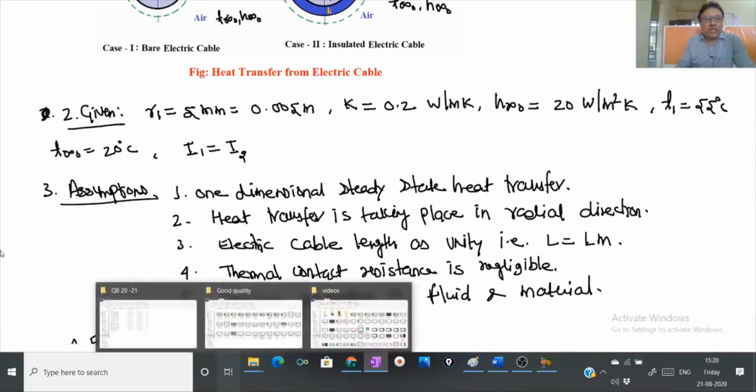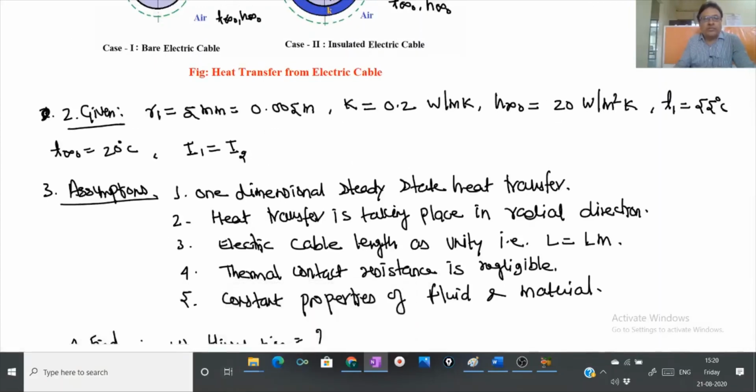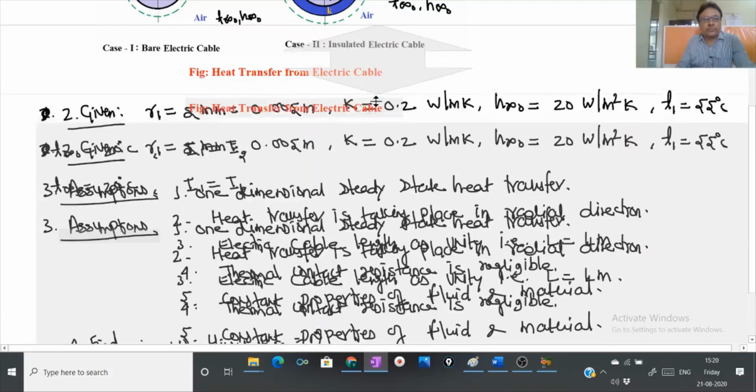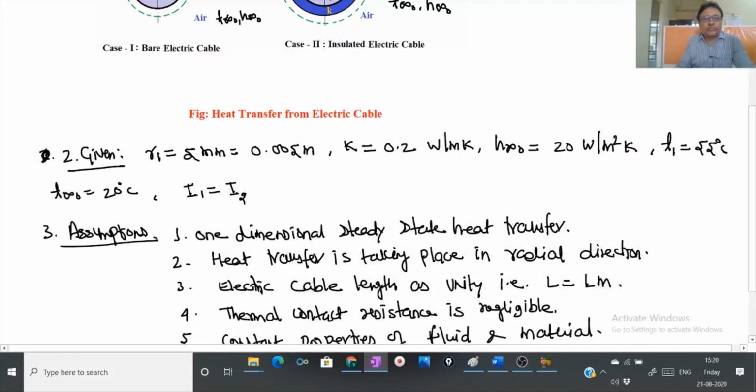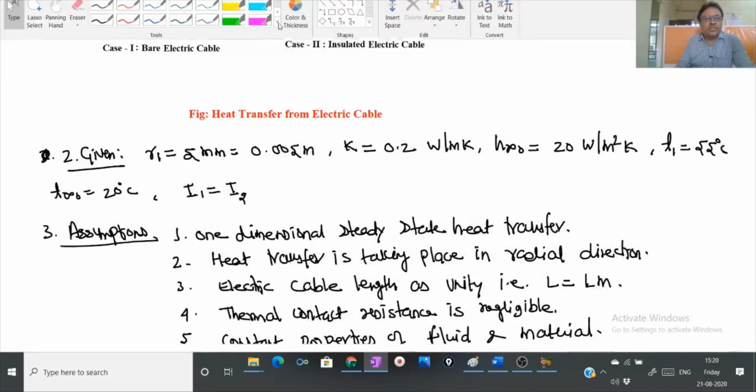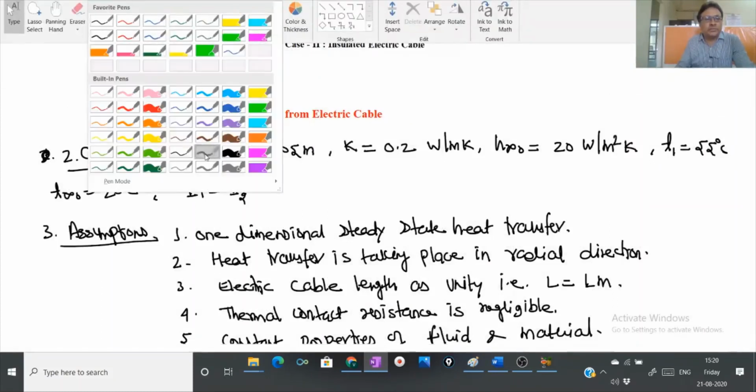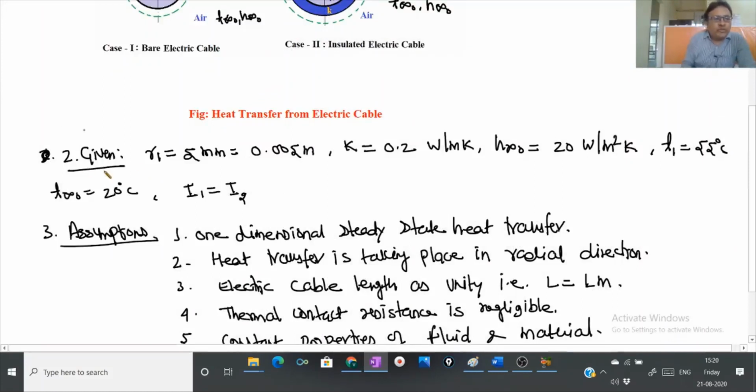Now here one more thing I forgot to draw. That is the electric circuit. So for case 1, the equivalent electrical circuit will be like this.